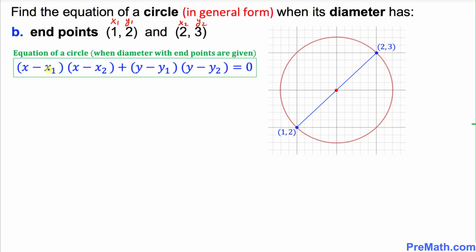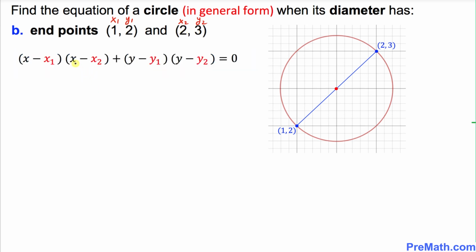And here's the formula that we will be using: (x minus x1) times (x minus x2) plus (y minus y1) times (y minus y2) equal to 0, where (x1, y1) and (x2, y2) are our two endpoints.